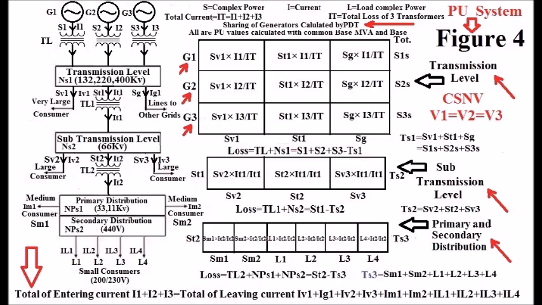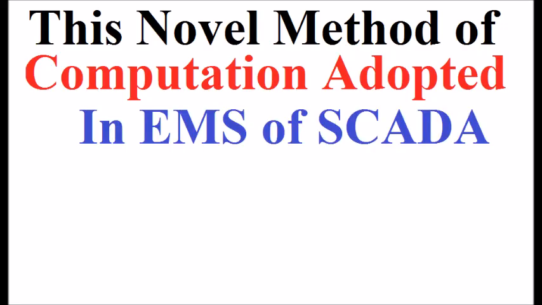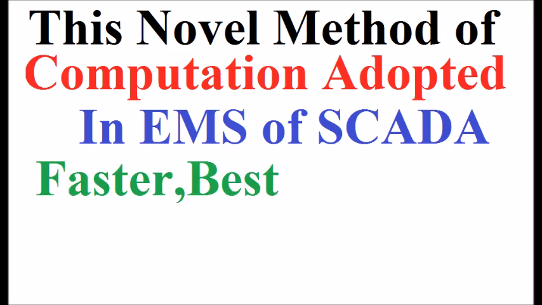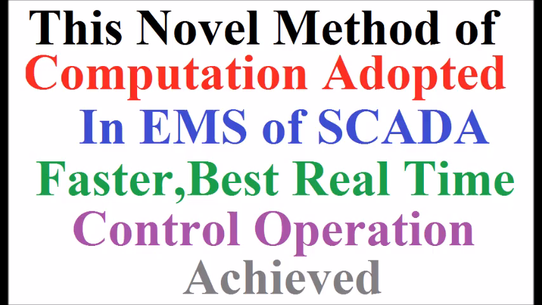Similarly, the share of each generator on primary and secondary load points can be calculated from the real-time data of SCADA. If this novel method of computation is adopted in EMS of SCADA of a power system, faster and best real-time control and operation can be achieved.